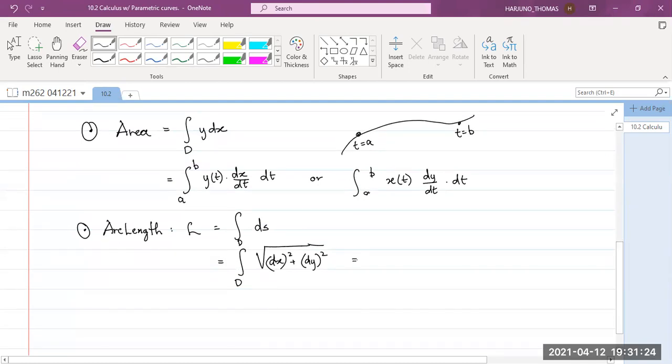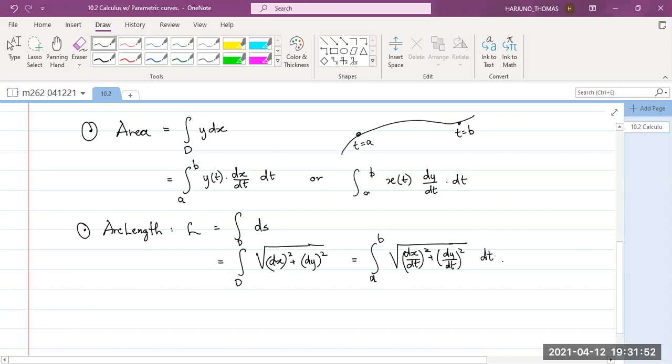So we will divide each one of them by dt squared: the square root of dx dt squared plus dy dt squared times dt.